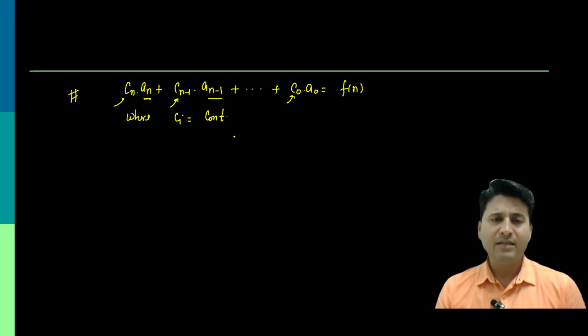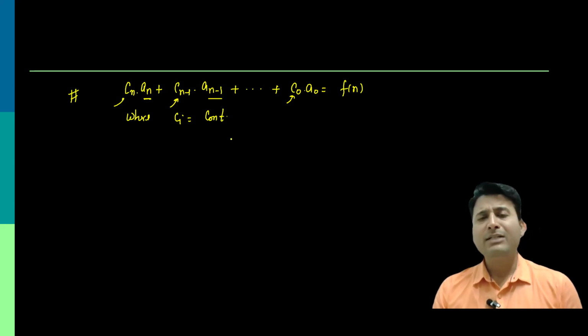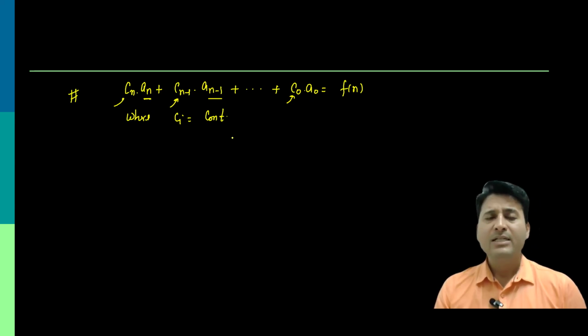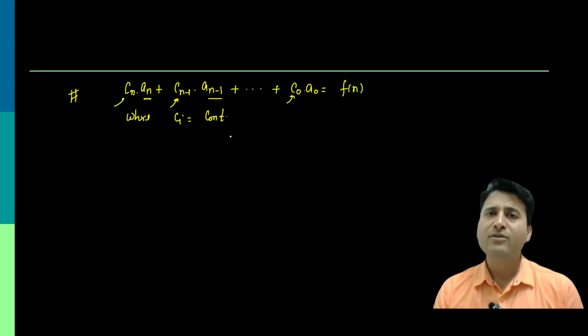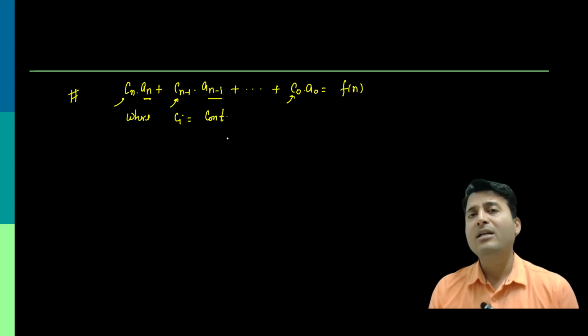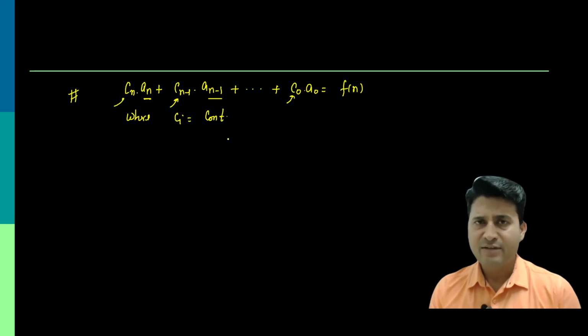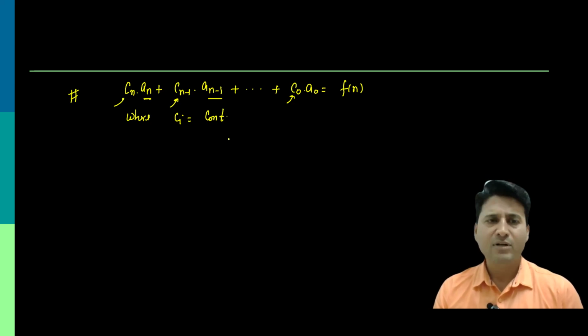If they are variable, we call it a variable coefficient. So as per the coefficient, the naming is done. If coefficients are constant, we call it a constant coefficient linear recurrence relation. If one or more coefficients are variable, we call it a variable coefficient recurrence relation.